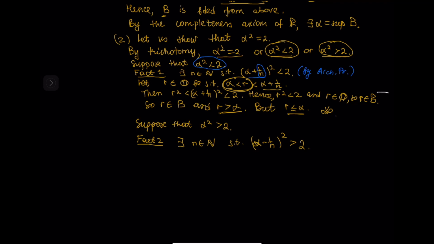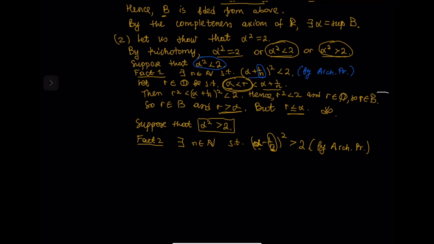Again, I'm not going to prove this in every detail, but it's not difficult to believe, because we can choose n large enough so that 1 over n is really, really small, so that if we subtract that from alpha and square whatever we received, it's still greater than 2. So this is true by the Archimedean principle, and again, I leave it as an exercise for you to prove.